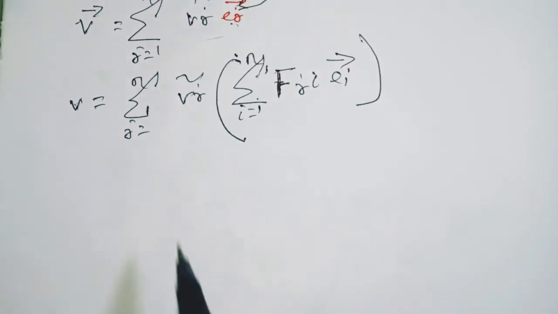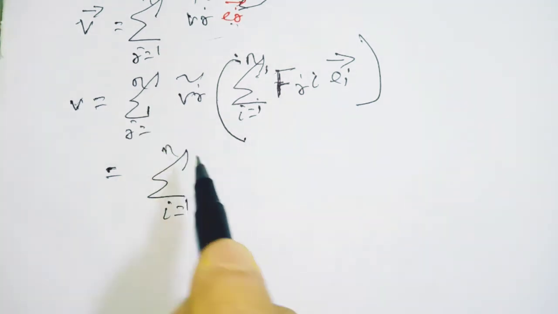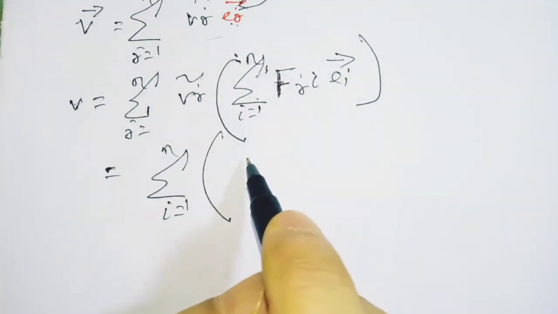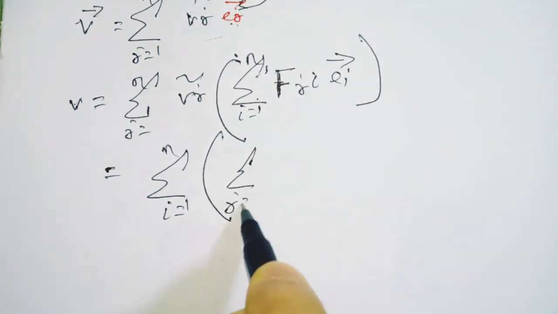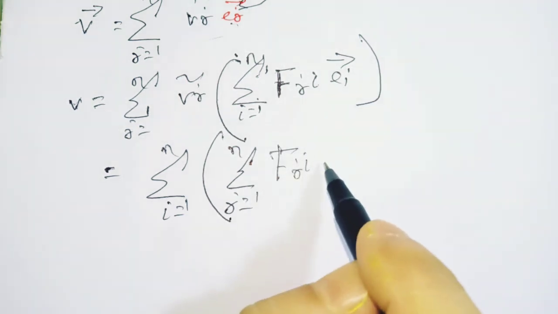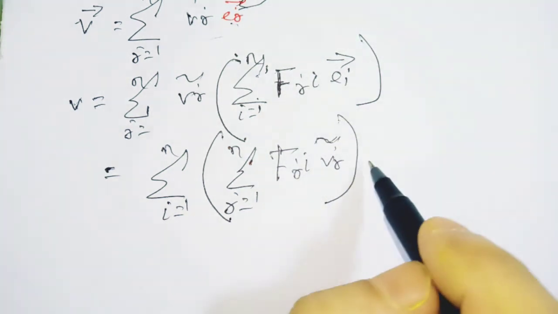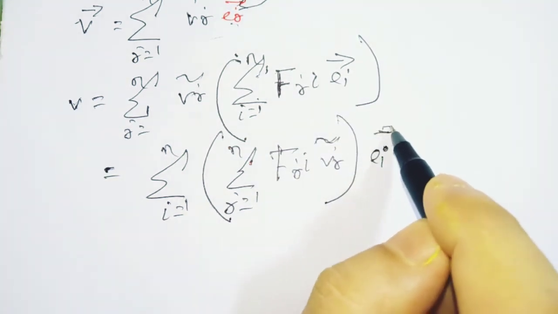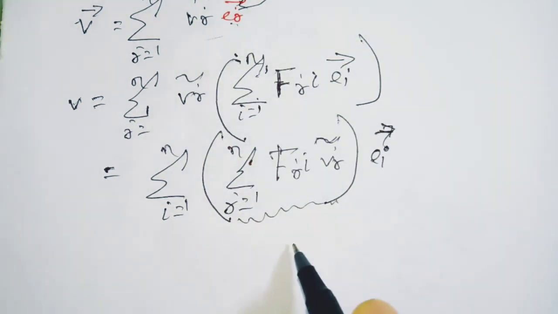And then what we get from here is sigma i equals 1 to n, then within brackets sigma j equals 1 to n f_ji v_j, again a tilde, bracket close, e_i. So this part again is the v_i.